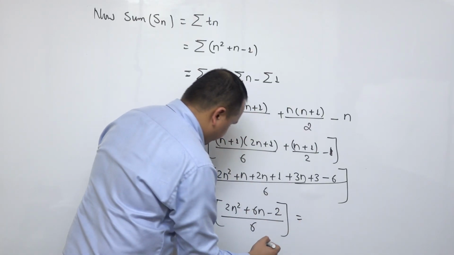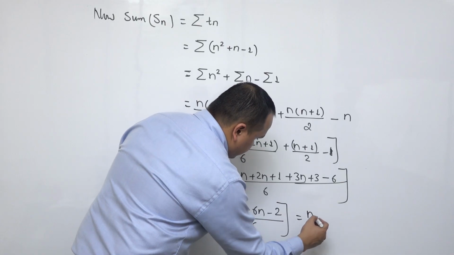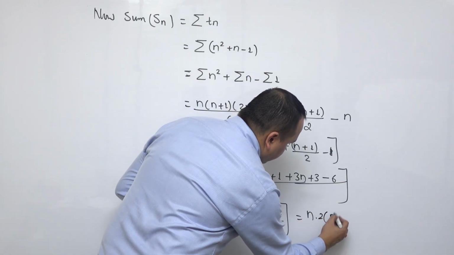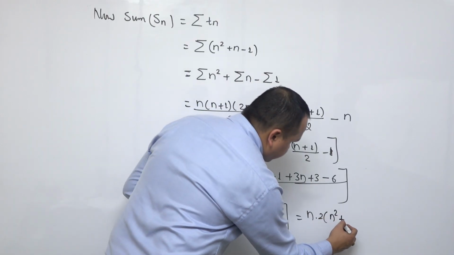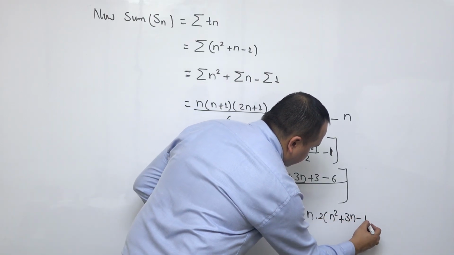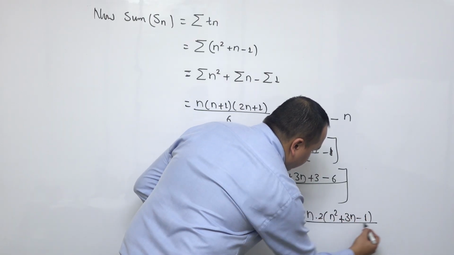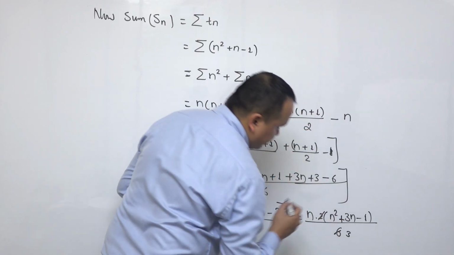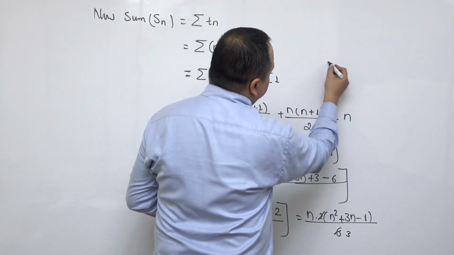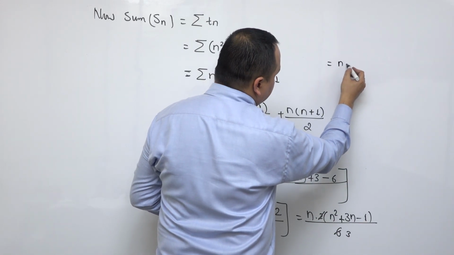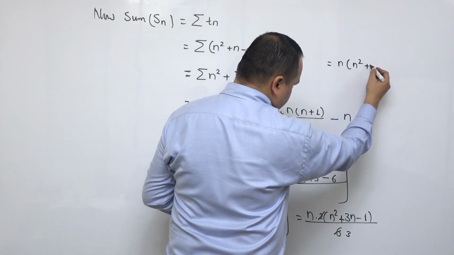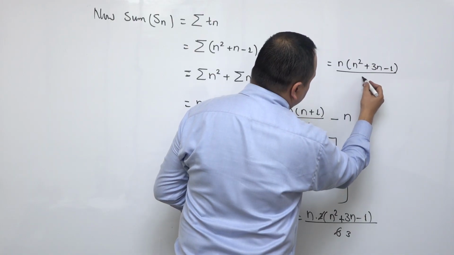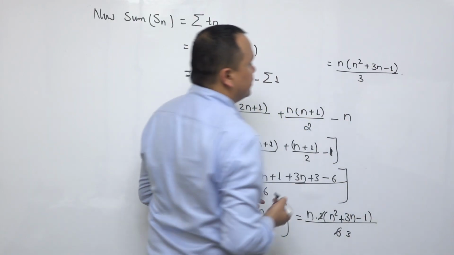Here 2 is common. n square plus 3n minus 1 divided by 3 times n is the answer.